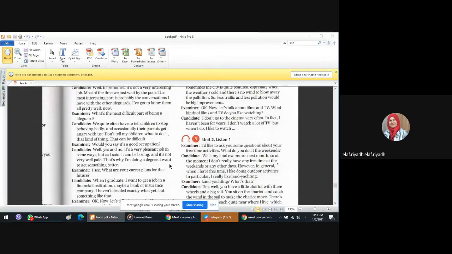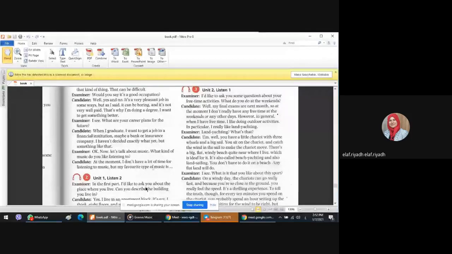That's why I'm doing a degree. I want to get something better. I see. What are your career plans for the future? When I graduate, I want to get a job in a financial institution, maybe a bank or insurance company. I haven't decided exactly what yet, but something like that.